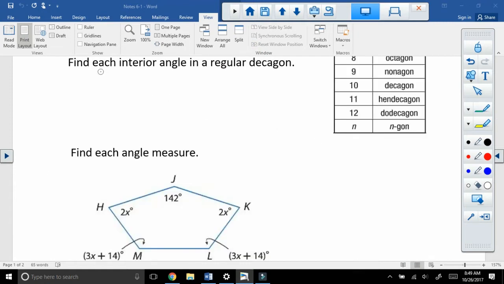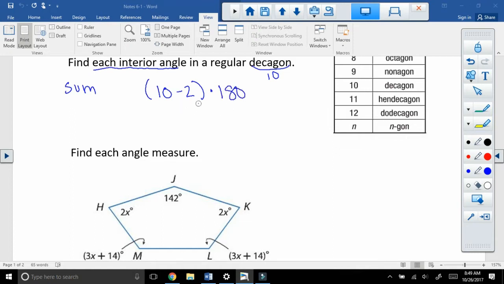So for this next part, it says not to find the sum, but it says to find each interior angle in a regular decagon. Before you do that, though, you do need to find the sum of the angles. So the sum of all the angles in a decagon with 10 sides, I would take 10 minus 2 and multiply it by 180.